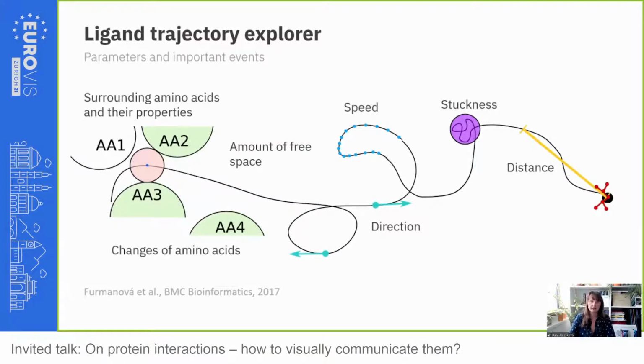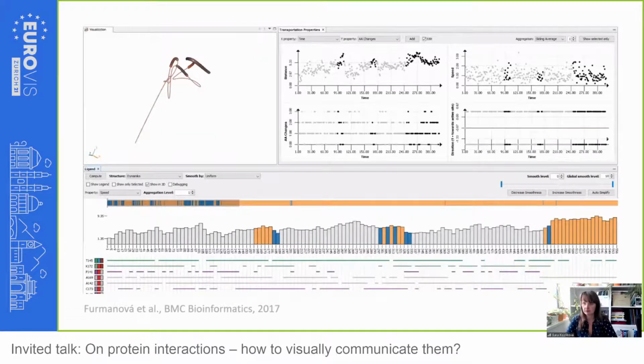And at the end, we came up with a tool, which I won't go into too much detail about. If you would like to know more, you can check the paper. But basically, the idea was that we created a visual analysis tool consisting of a couple of linked views, where on the top left you can see just the part of the trajectory which is explored, and you are exploring different properties, which I was showing on the previous slide.